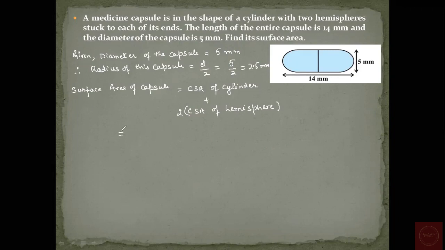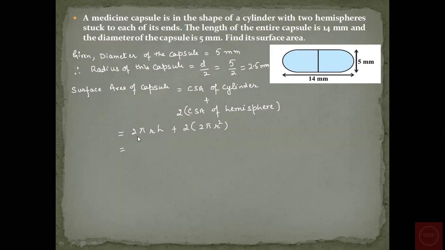That is 2 pi r h, plus 2 into curved surface area of hemisphere, which is 2 pi r square. You can see here, cylinder and hemisphere have the same radius. If the hemisphere radius is 2.5, so it is for the cylinder also.